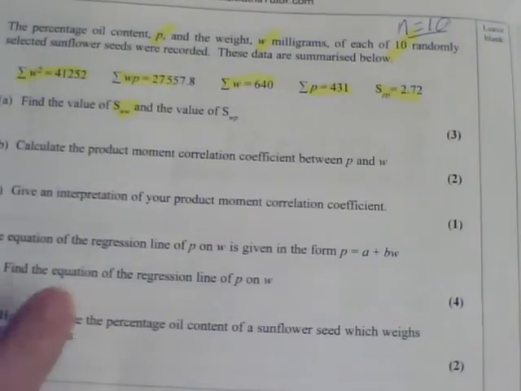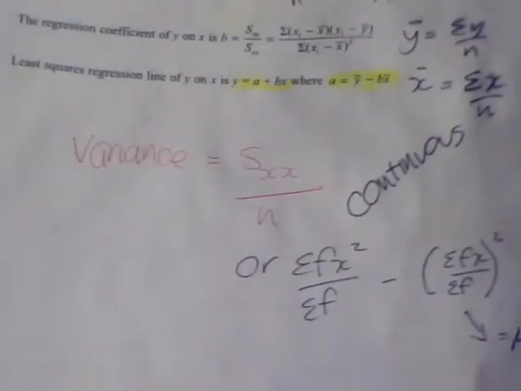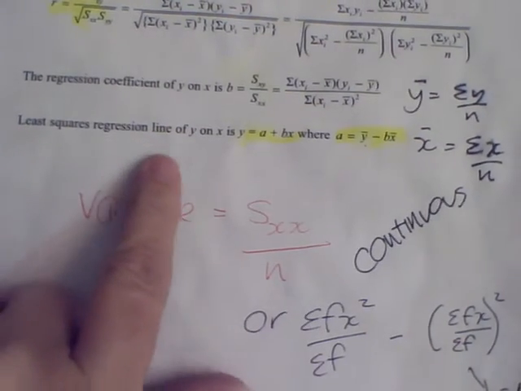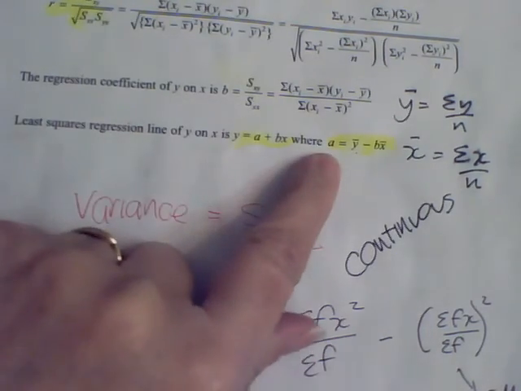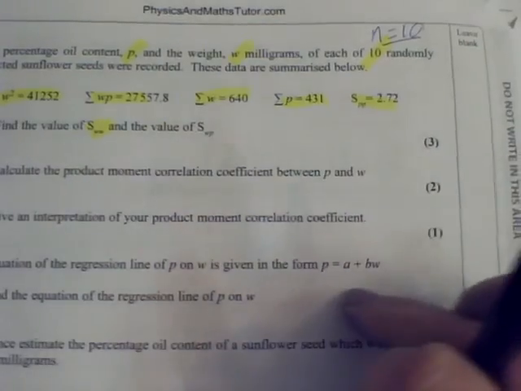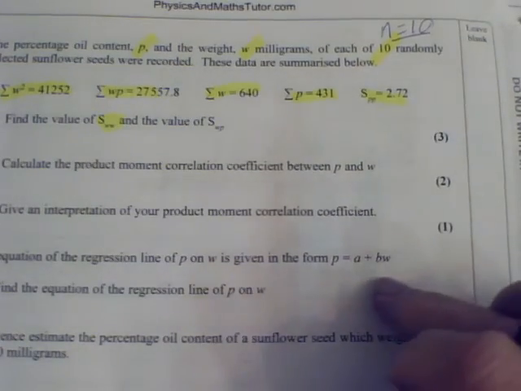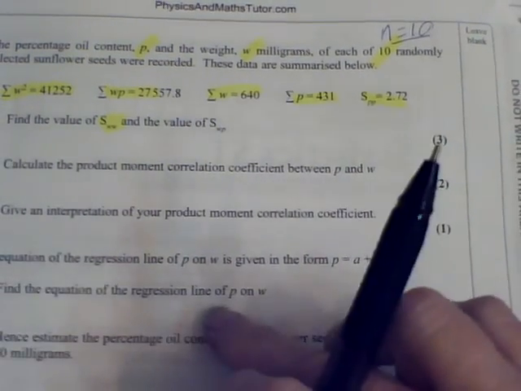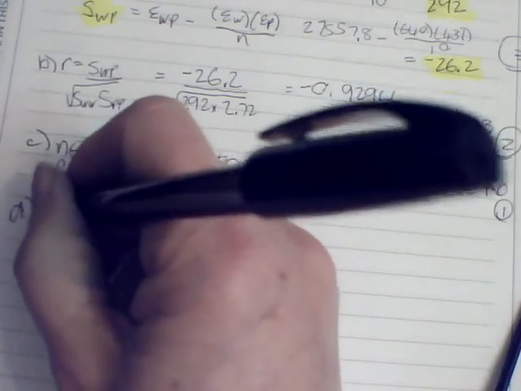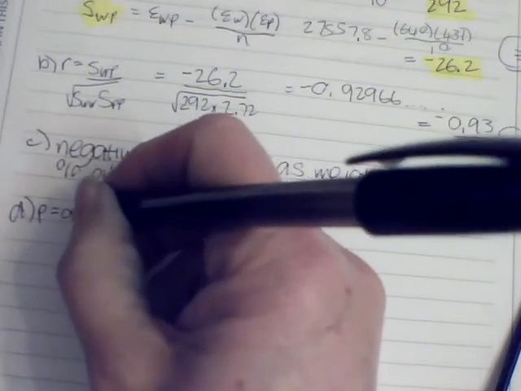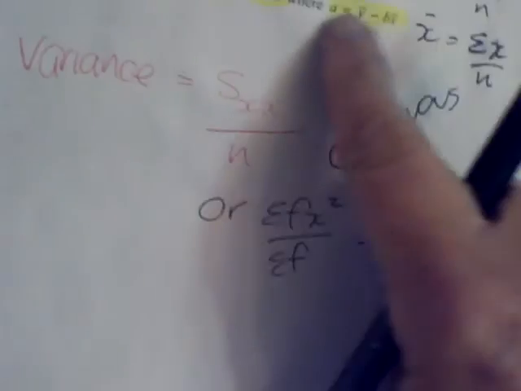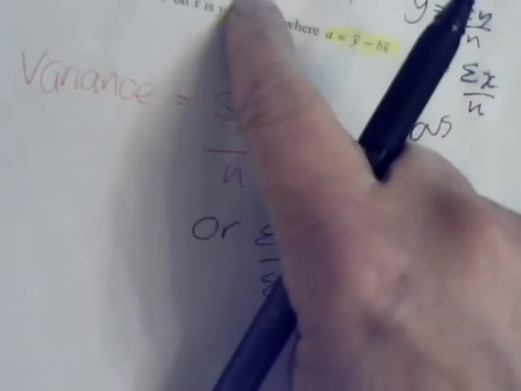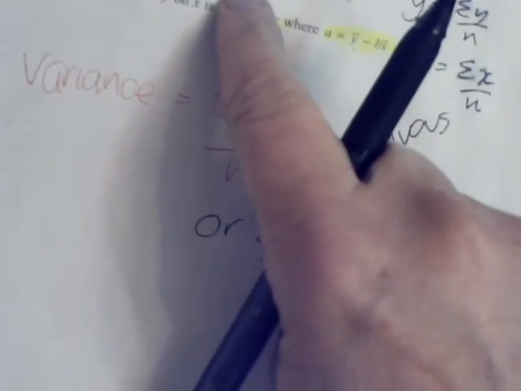Okay, and we should all recognise that from our formula sheets, where the least squares regression line is y equals a plus bx, and we know what b and a are here. So for part D, find the equation of the regression line of P on W. Right, so we want P equals a plus bW, and to find a we need to know b. So we're going to go back to b first of all, and b is S of xy divided by S of xx.